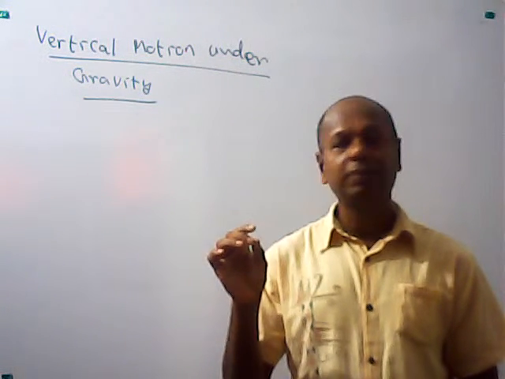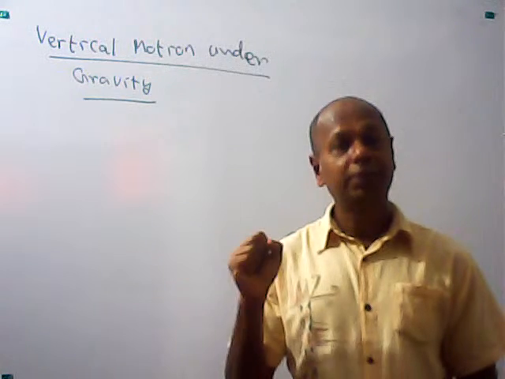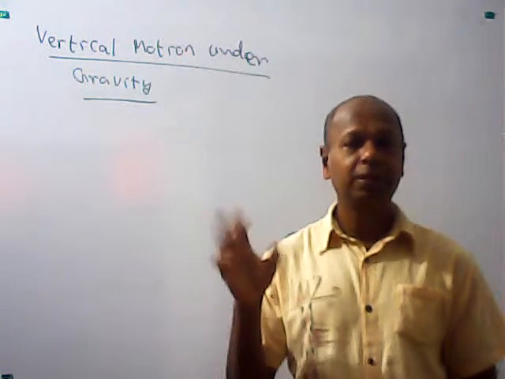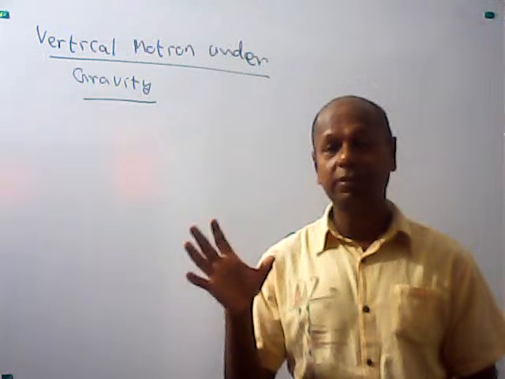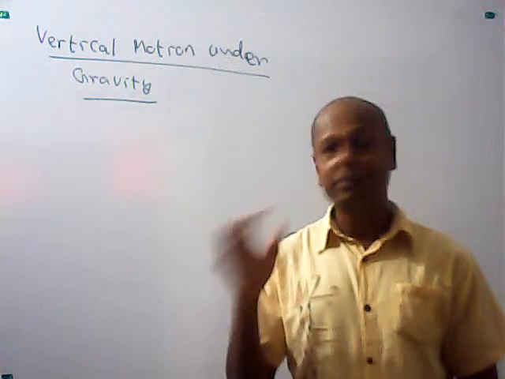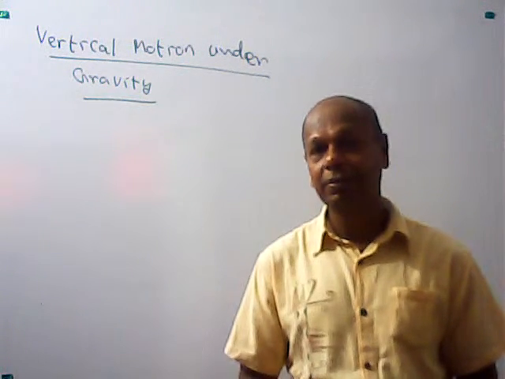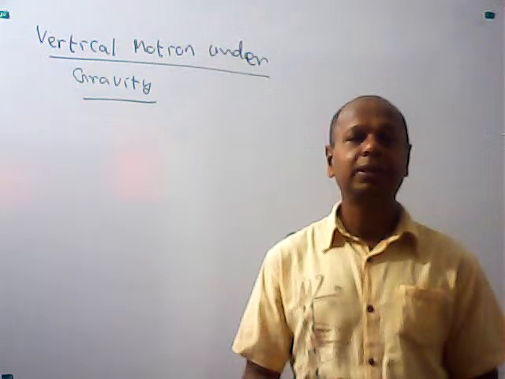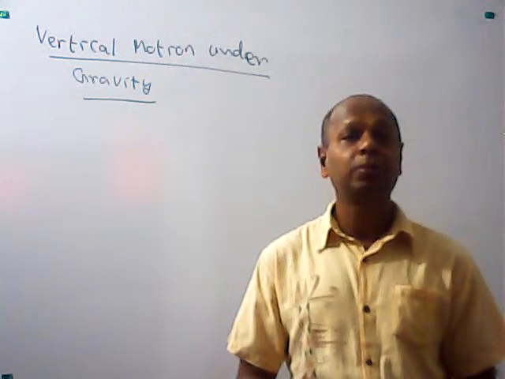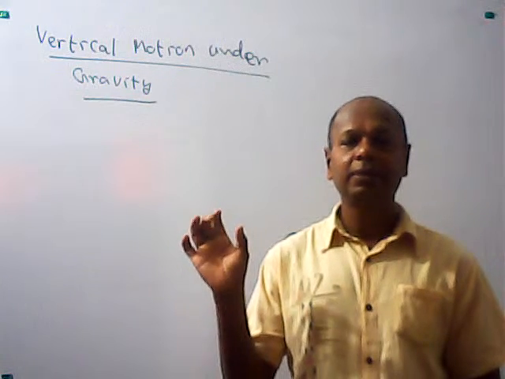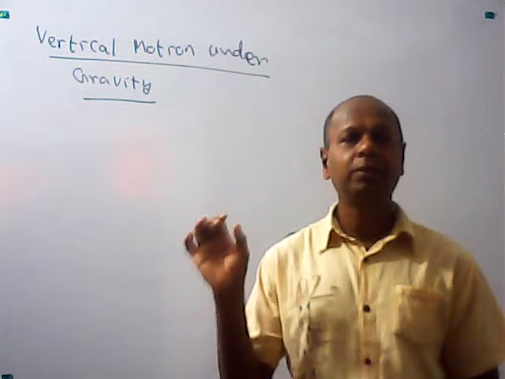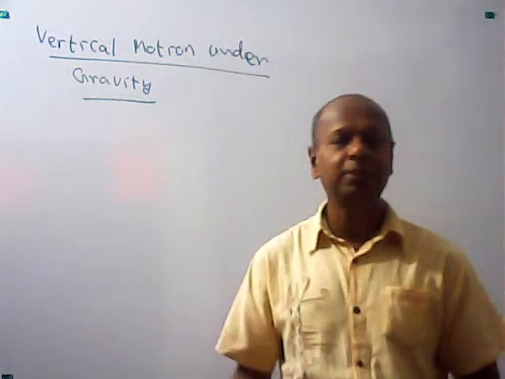There are attractions and repulsions without contact, right? Gravitational, there is no repulsion, right? In a gravitational field, only attractions. It exists between any two masses, not just with the Earth, right?